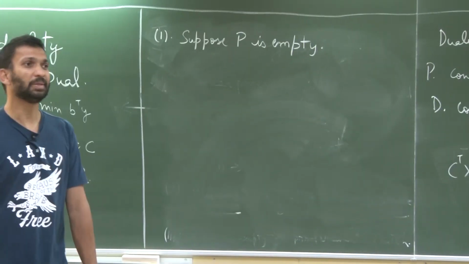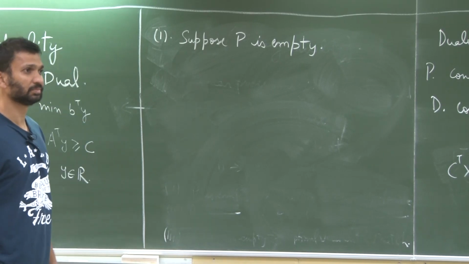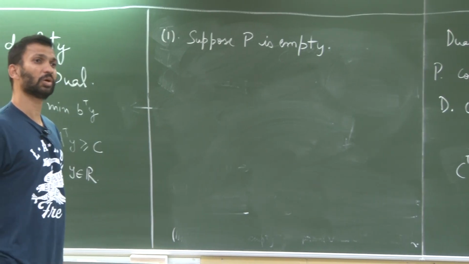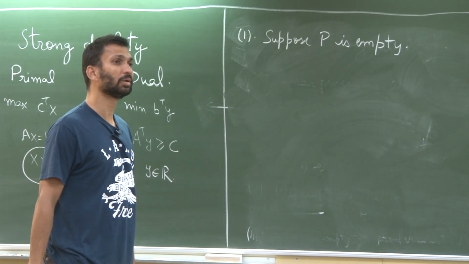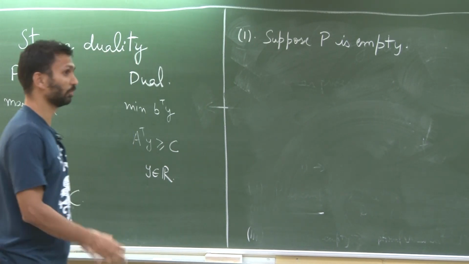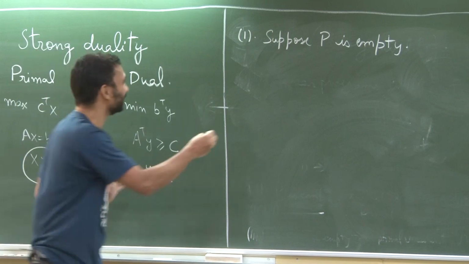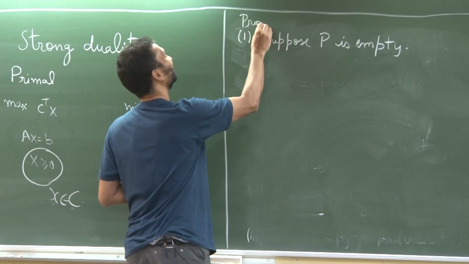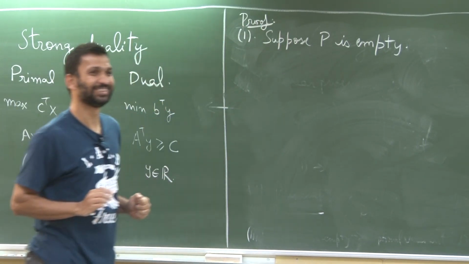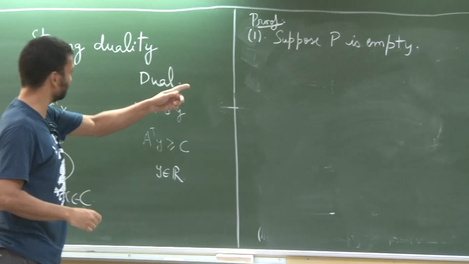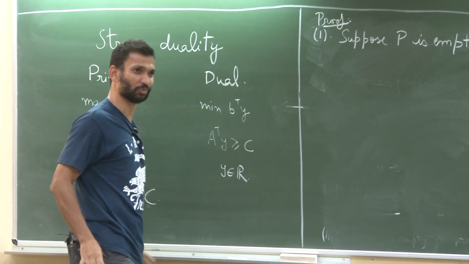Suppose P is empty. Okay? What does this mean? That we have to prove. Okay, wait. Proof. Right? So we can't say that means this is infeasible. That is what we want to prove, right?